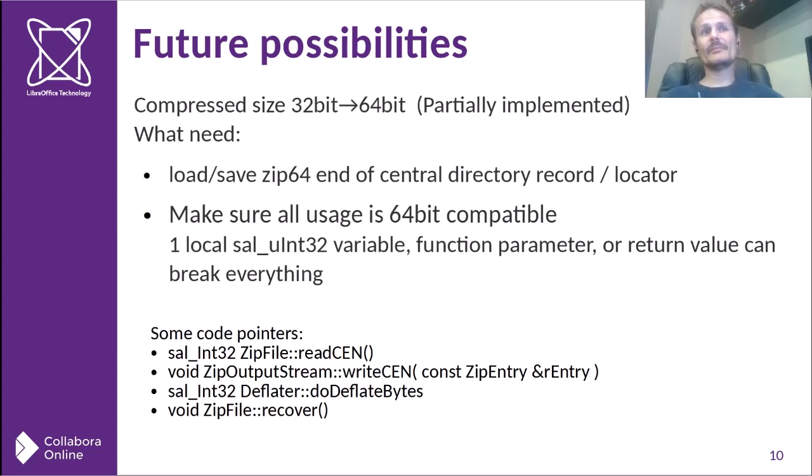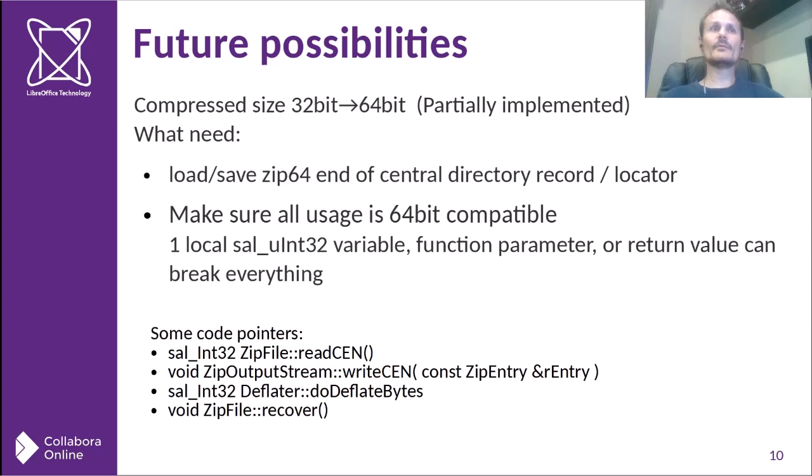And the other hard point is that we should make sure that all the variables and classes, all the storage space where this information goes through, will be 64-bit compatible.